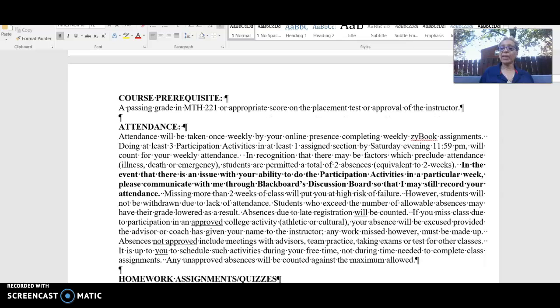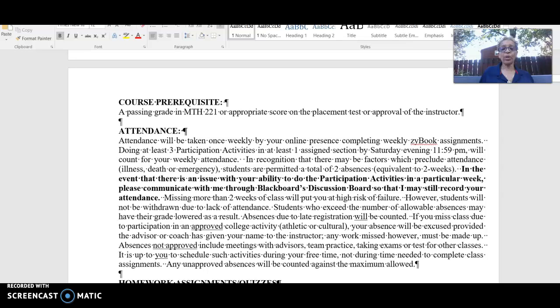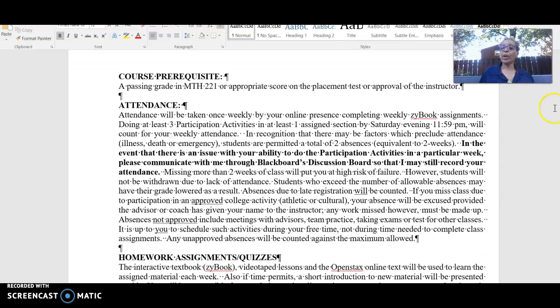Attendance. All right, I'll be taking attendance weekly, once weekly. The way I'll do that is by your participation in the zybook. You'll need to go to the zybook, go to the sections, and look at the participation activities.